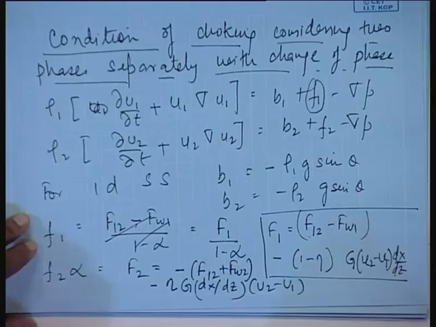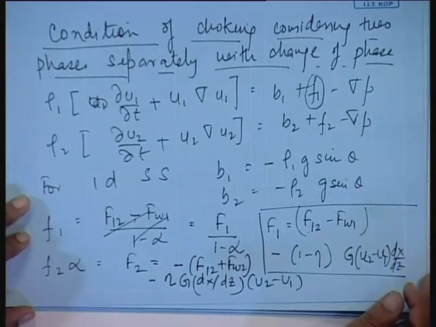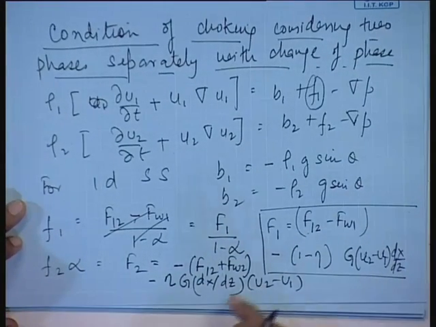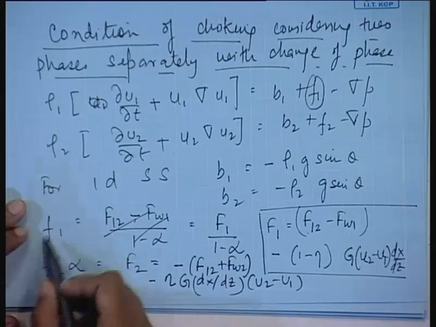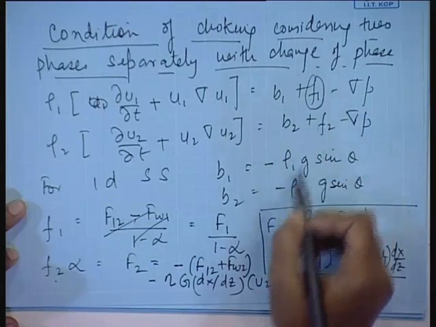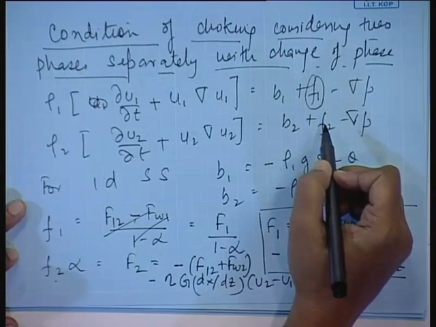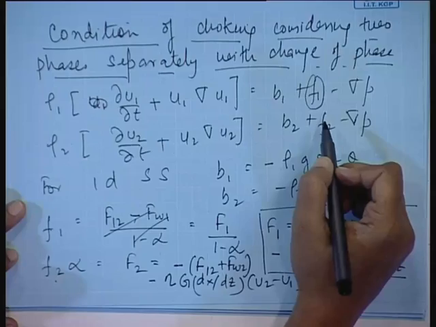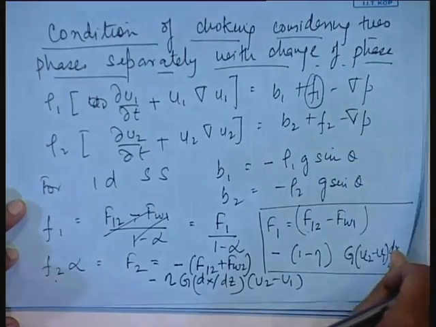So, these things we had already derived, right. So, now if you substitute this F1 and F2 in this particular expression and assuming steady state one dimensional flow analysis, for that particular case, what do we get?